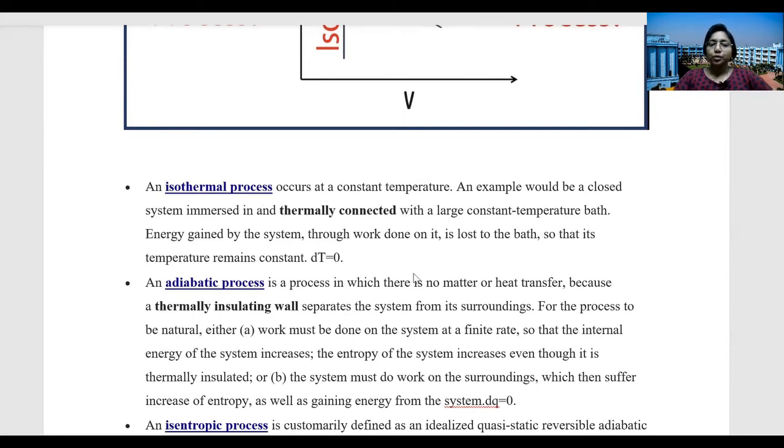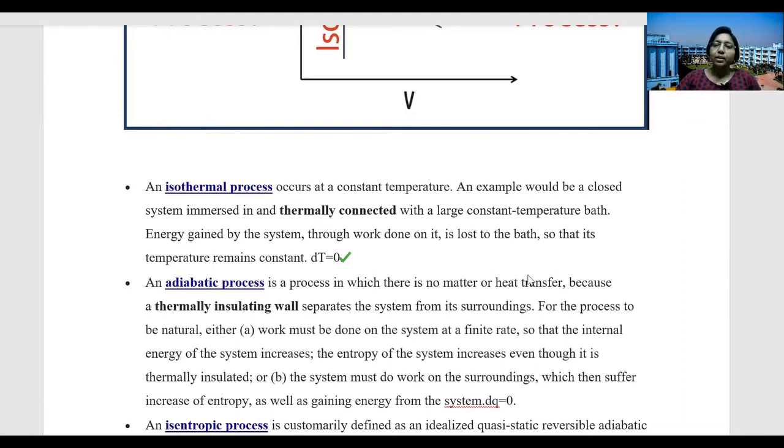So if we represent it mathematically, that will be dT is equal to 0. That means the temperature will remain same. This is the process where temperature will remain same.